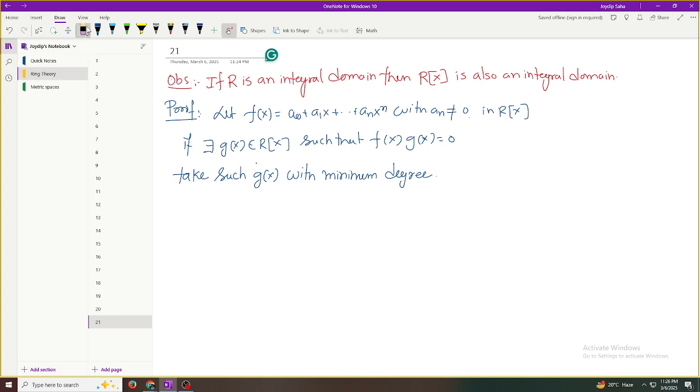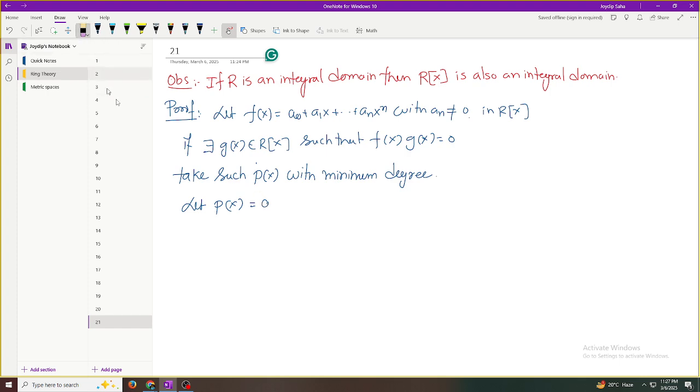There may be so many g(x) such that f(x) into g(x) equals 0. I take the minimum one, minimum degree.